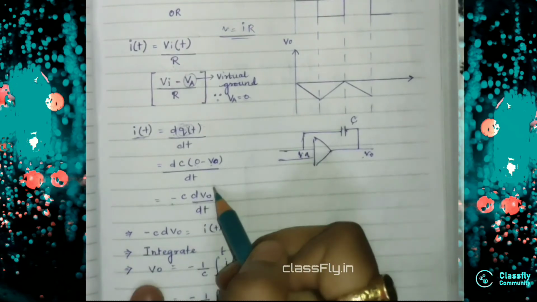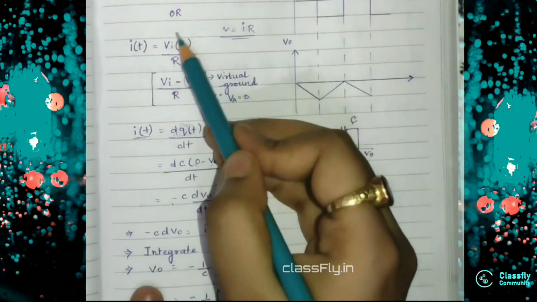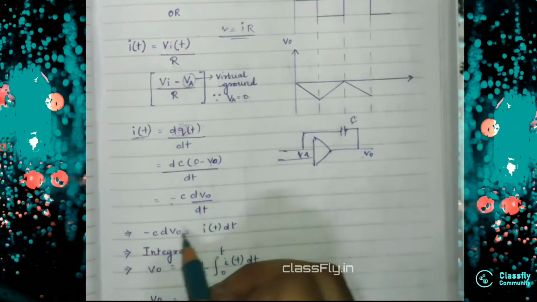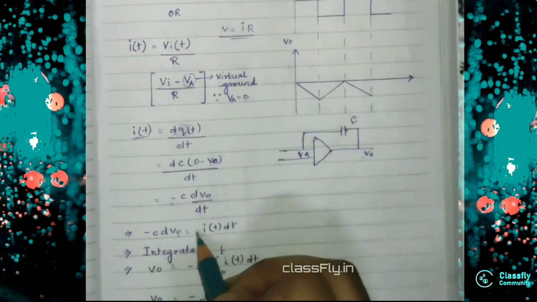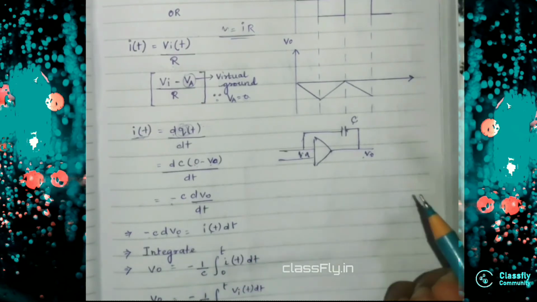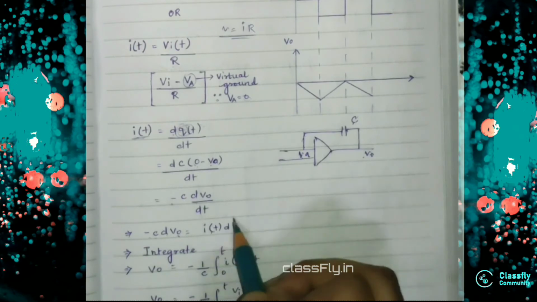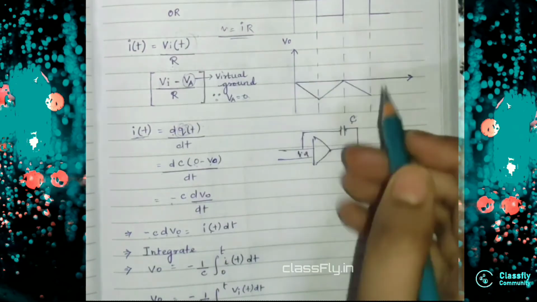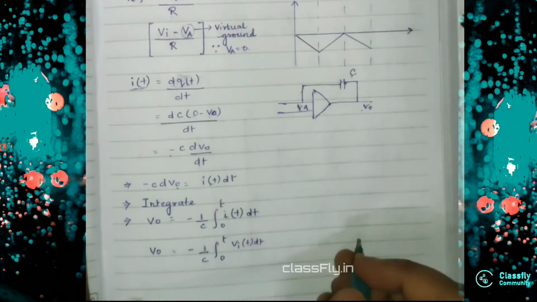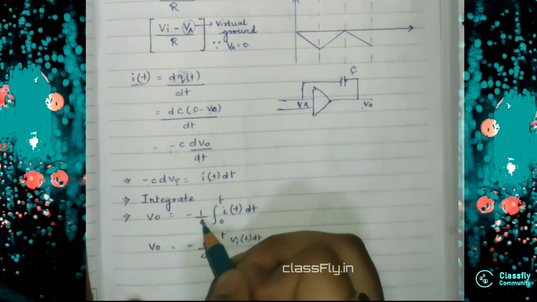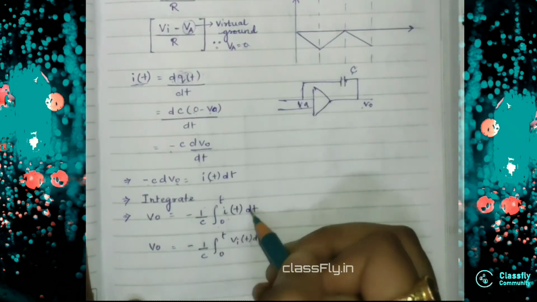Now I will equate this with this one. When I equate, I get minus C dV0 equal to i(t) dt. So when I integrate this, I get V0 equal to minus 1 by C times the integral from 0 to t of i(t) dt.